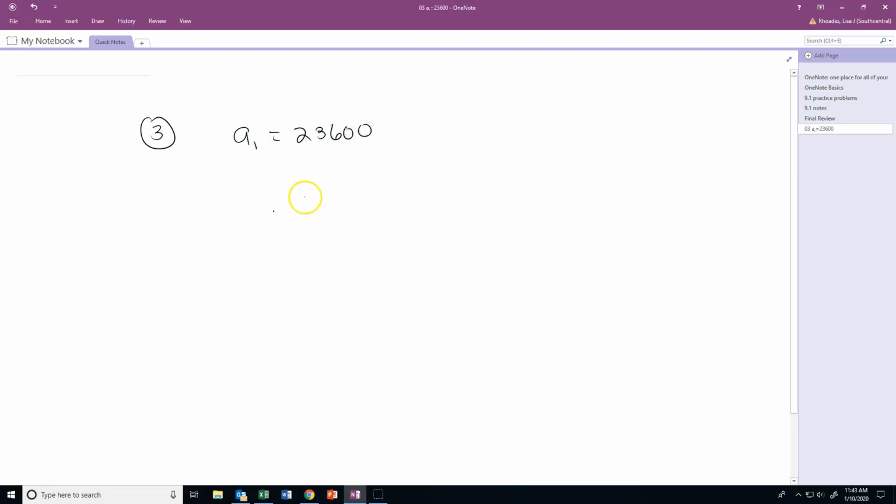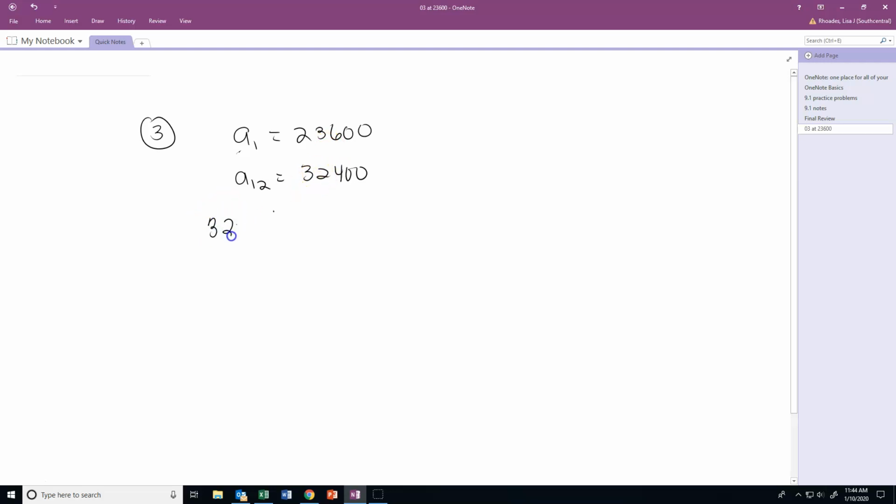And then I also know that in the 12th year, the price was $32,400. Now I'm going to use these two values, and I'm going to figure out what the common difference is.